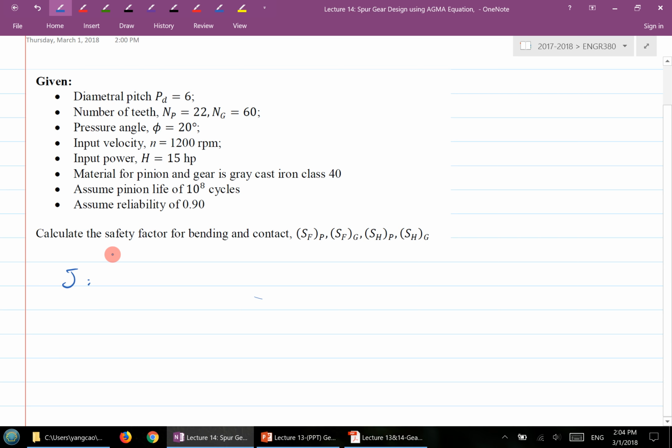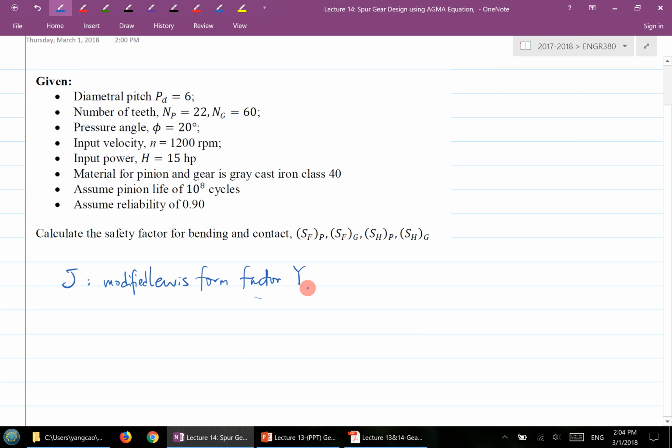Essentially the G factor here is the Lewis form factor. It's not completely equivalent; I would say it's a modified Lewis form factor. So that's the J here.